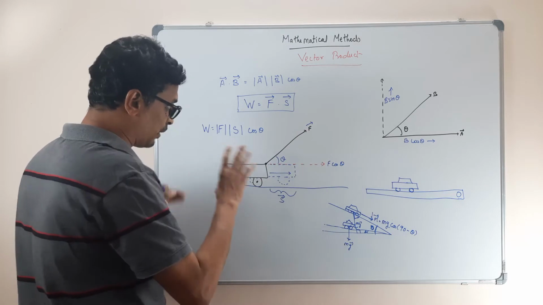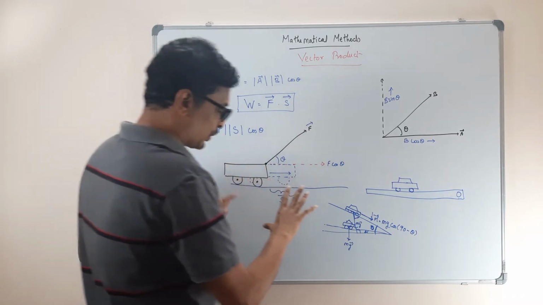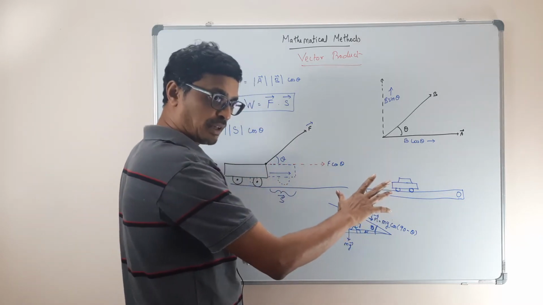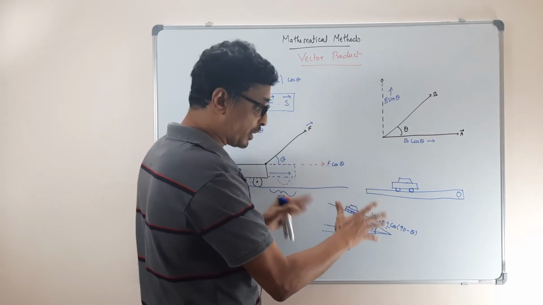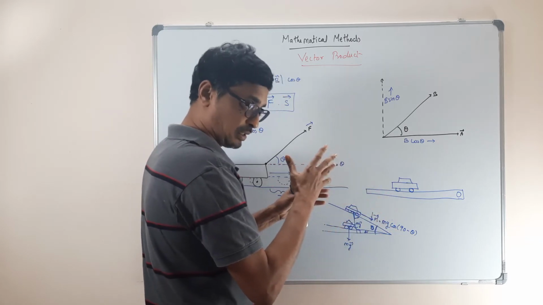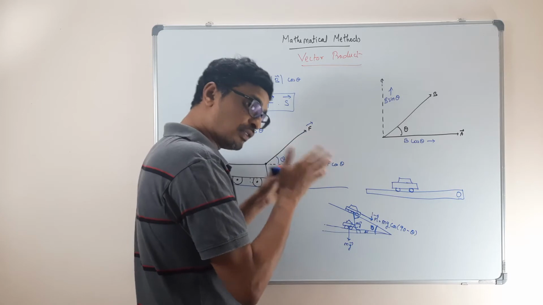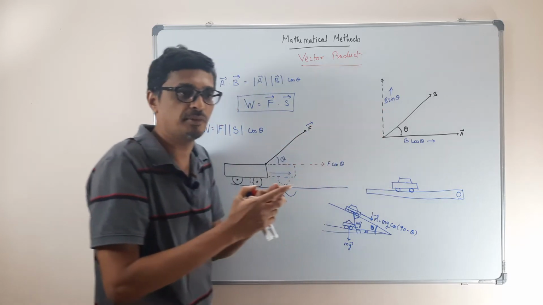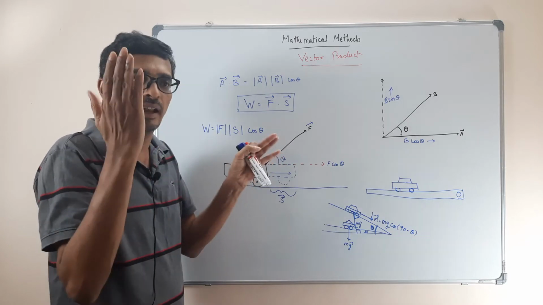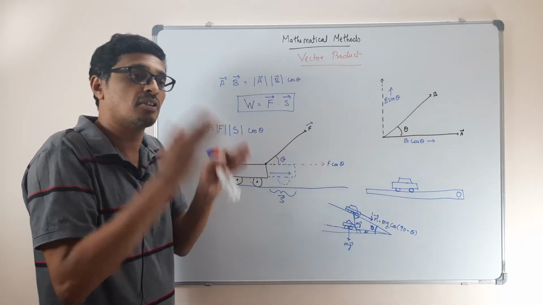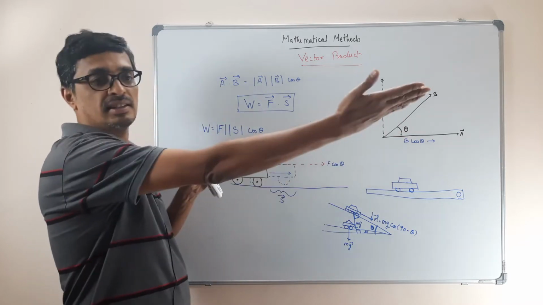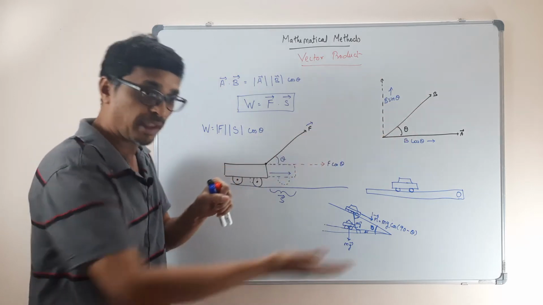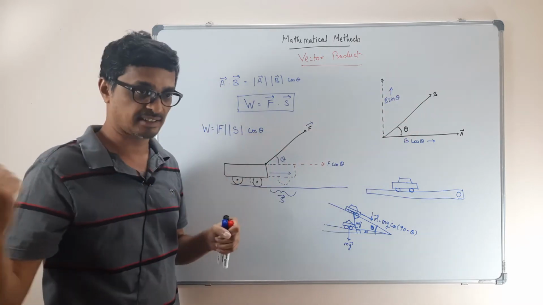So what I am saying is, in physics, when you have a vector, what is often important is not the vector itself, but the component of the vector along the direction I want to use in my calculation. The vector can be in any direction, but I may need to find the component of the vector along certain other vector, or maybe my x-axis, y-axis, z-axis.